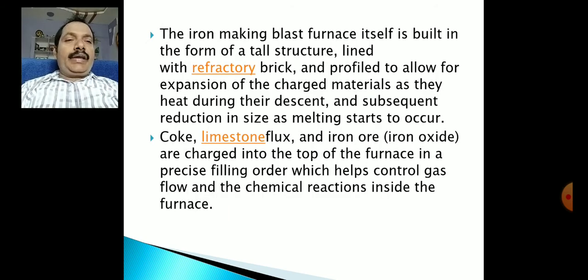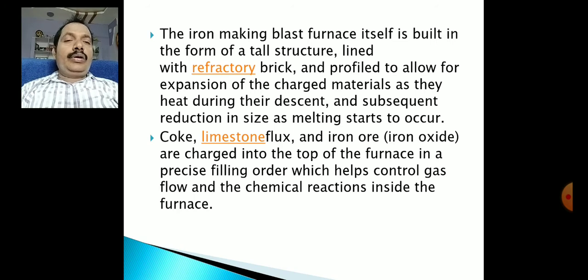So the iron making blast furnace itself is built in the form of a tall structure lined with refractory brick and profiled to allow for expansion of the charged materials as they heat during their descent, that is, coming down, and subsequent reduction in size as melting starts to occur.